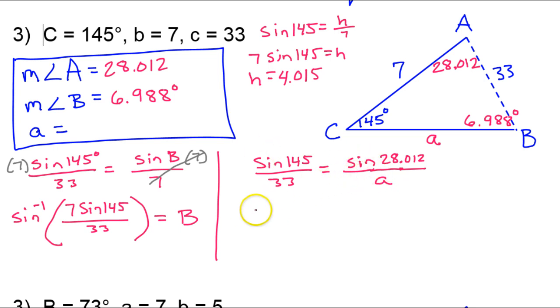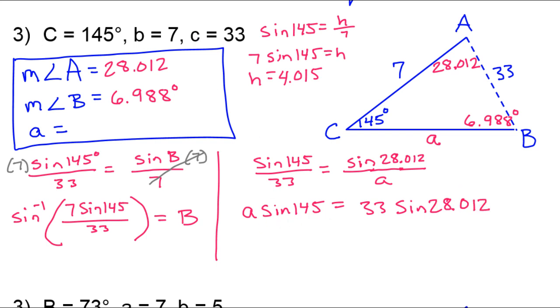If I cross multiply, I will have A sine 145 along this diagonal, and this diagonal gives us 33 sine 28.012.